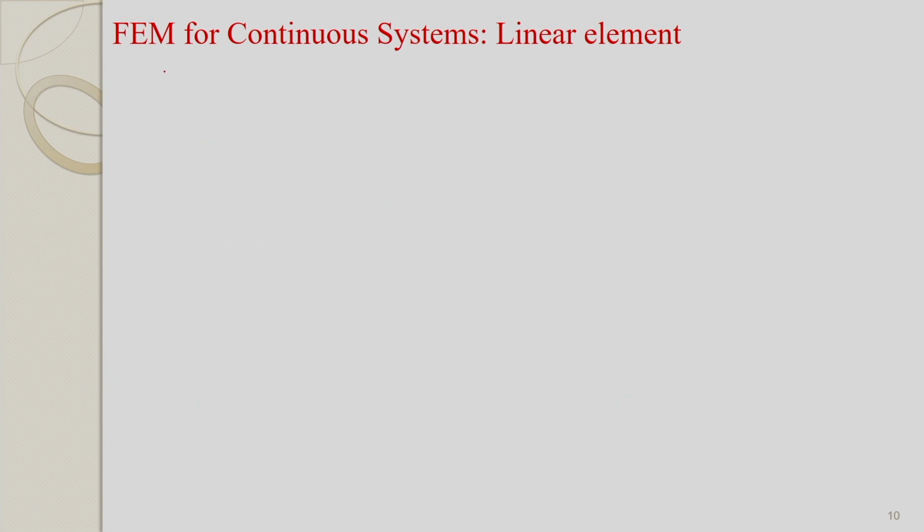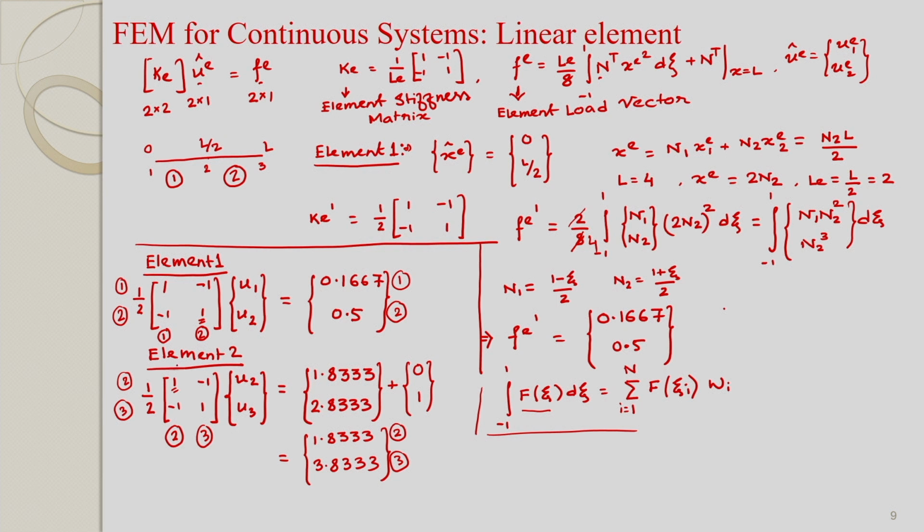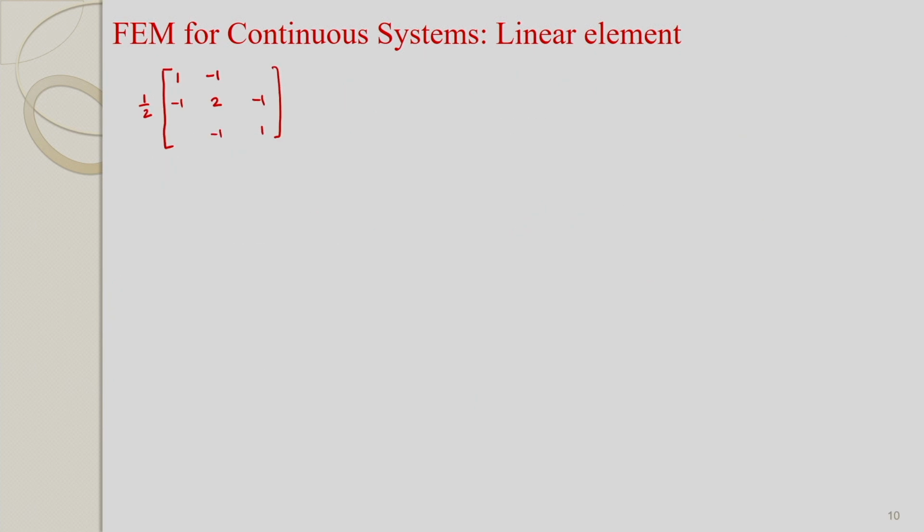So, if you write the assembled equation, this will be half, this will be the 2 comma 2 entry, 1 plus 1, you can see this will be 1 plus 1, 2, and there is no entry for 1 comma 3 and 3 comma 1.